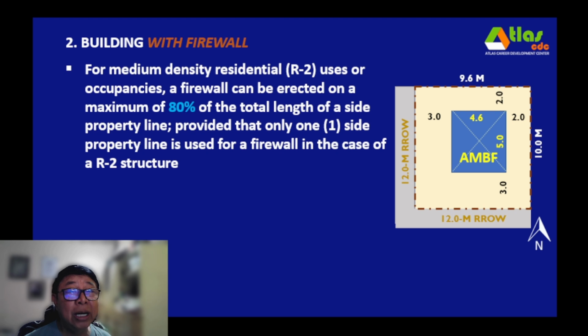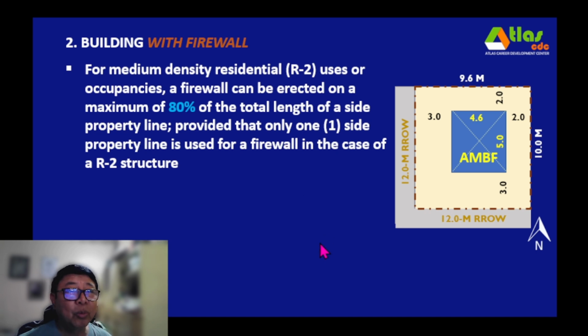So only just one side, provided that only one side property line is used for a firewall in the case of an R2 structure. So we have two sides here because this is a corner lot, so you can have the firewall here or you can have the firewall here, but this dimension here, the side here, will give you a longer area and a bigger area for an additional floor for the building footprint.